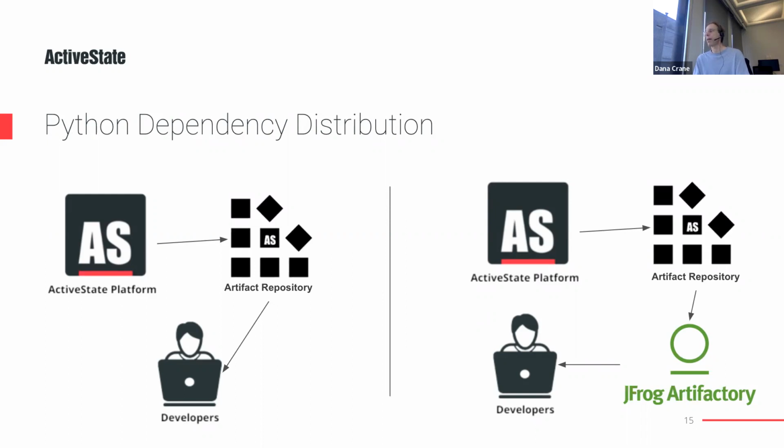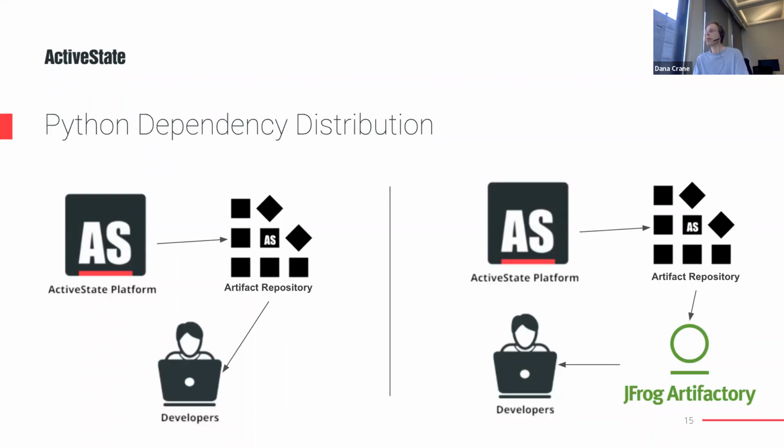But if you've got an existing artifact repository, say like a JFrog Artifactory or Sonatype Nexus, or you're working with one of the cloud vendors, we can easily proxy those artifact repositories as well.